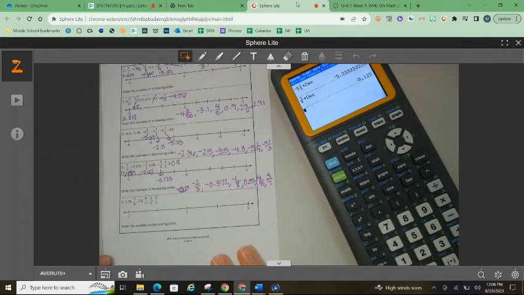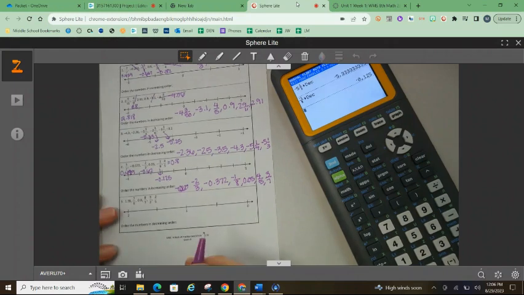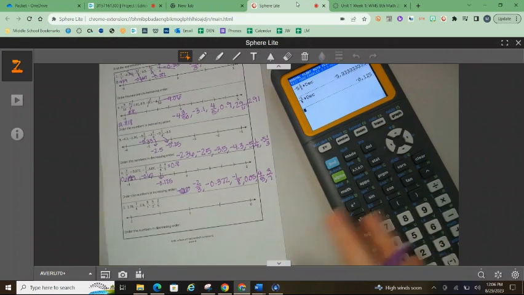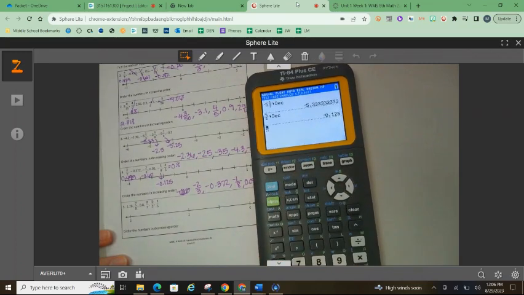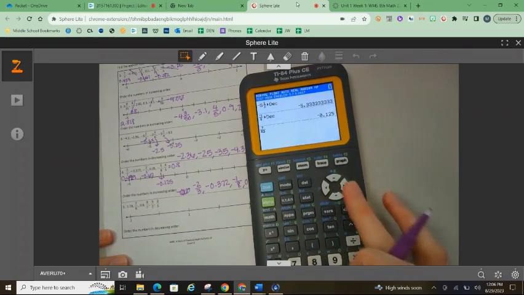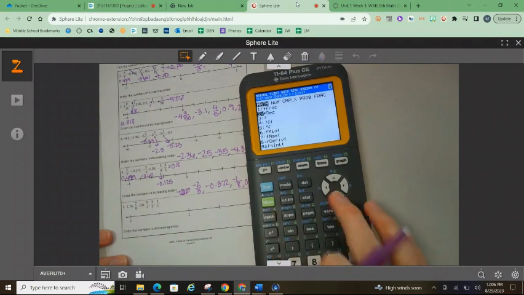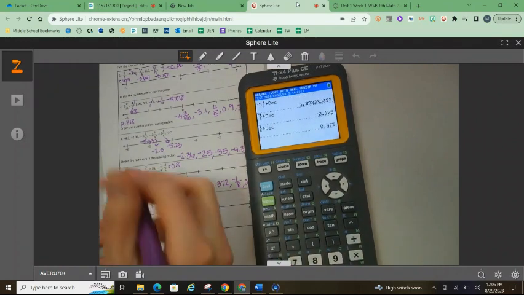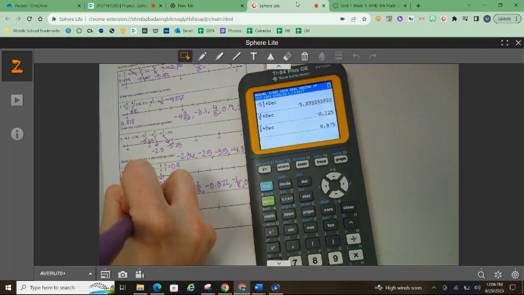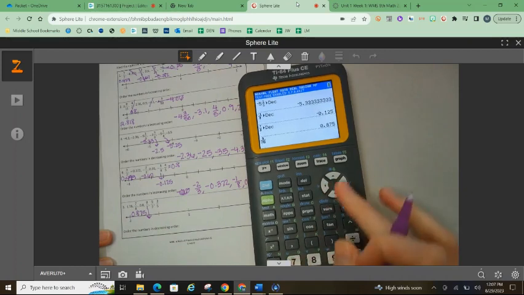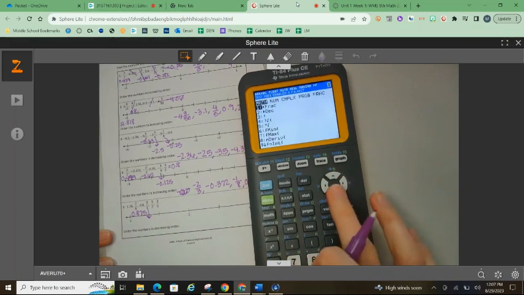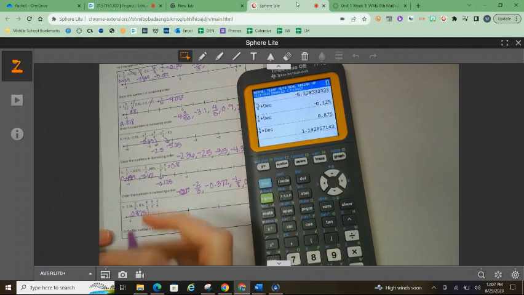Okay. Our very last one, 7/8. I've shown you several times now how to put this in the calculator, so it should be pretty easy. Alpha y equals the first one, 7/8, right arrow over, math, second option for decimal, that's 0.875. 8/7, alpha y equals 1, 8/7, right arrow over, math, second option for decimal.